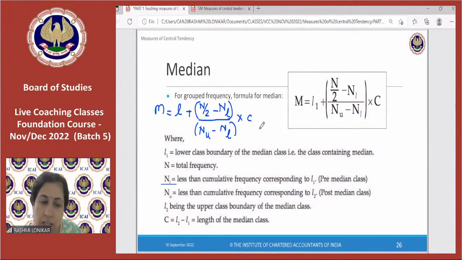C is the class length. Okay. So using this formula, we have to find out.